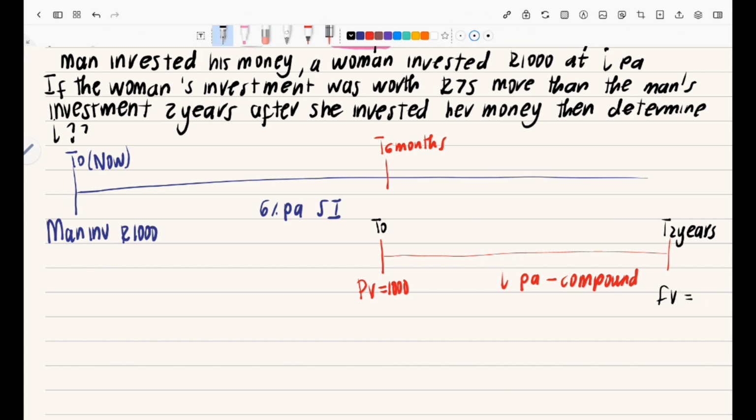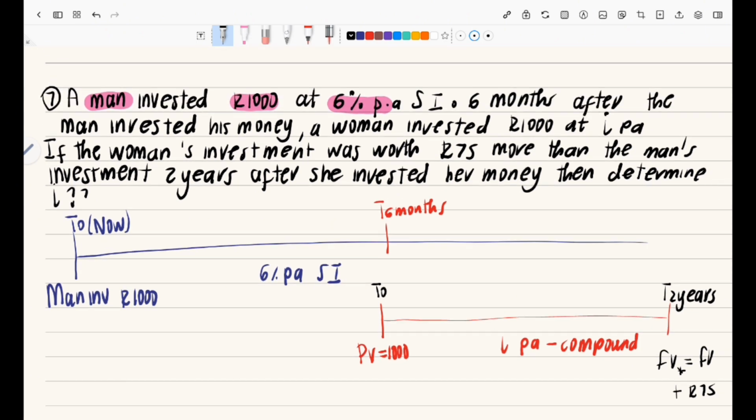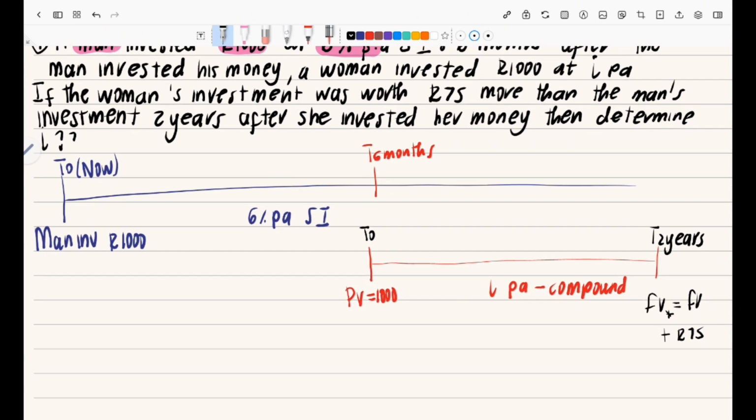So the future value of the woman is going to be the future value of the man plus 75 rand, all right? And the I for the woman is per annum, and the N is also 2 years, so everything is fine.